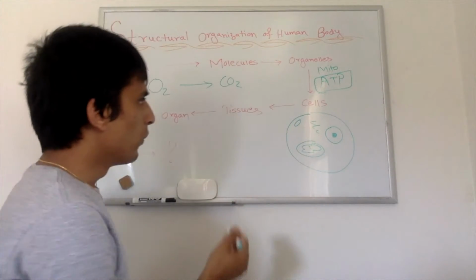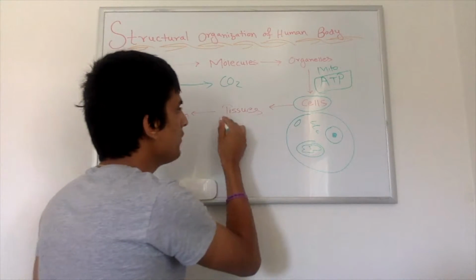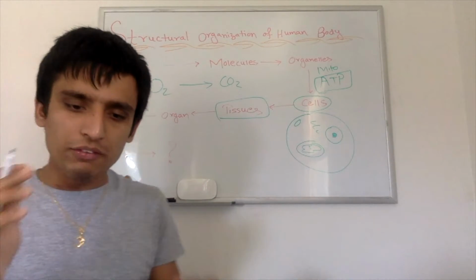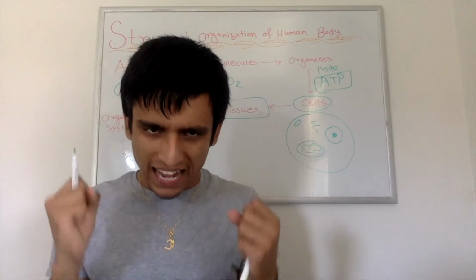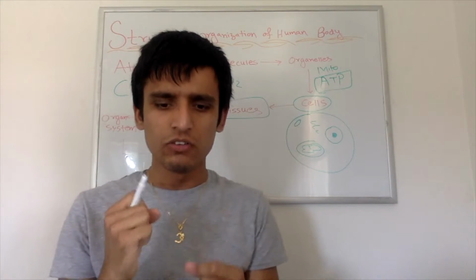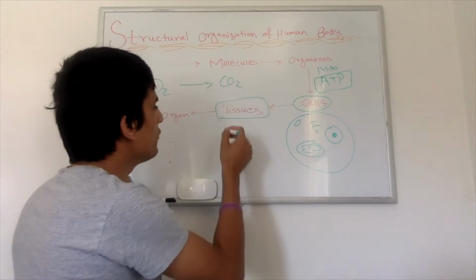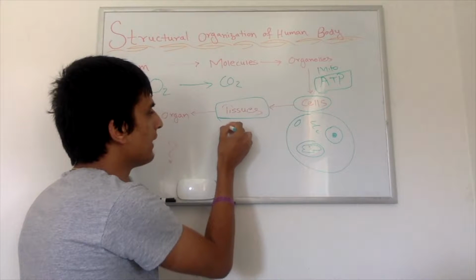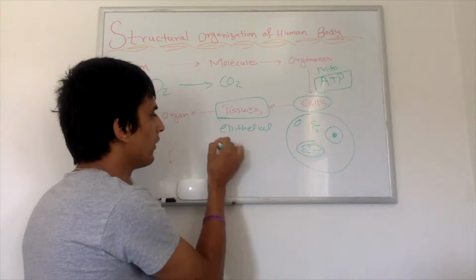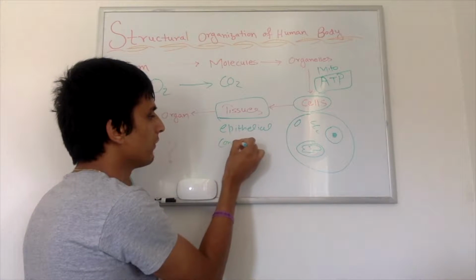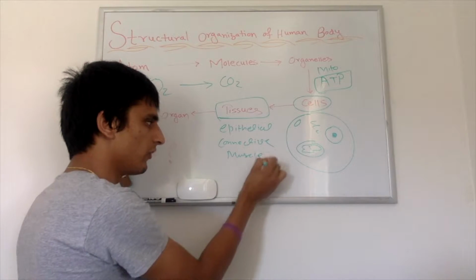Then when different types of cells combine, they form tissues. Tissues are very important because a similar set of cells with a common functionality are called tissues. For example, you're going to learn some types of tissues, which may be epithelial tissue, connective tissue, and muscle.